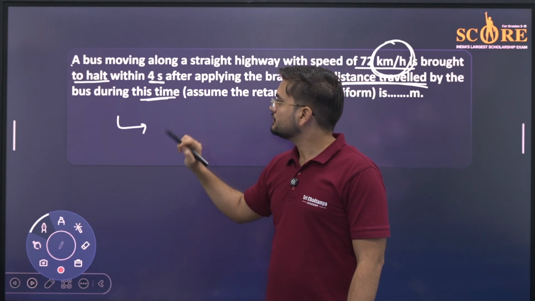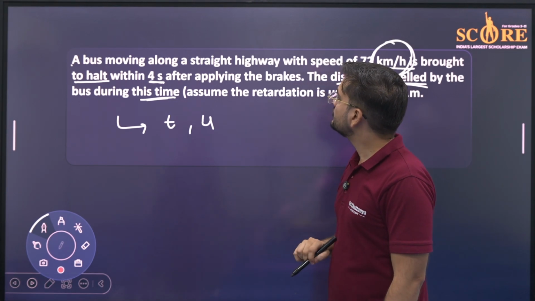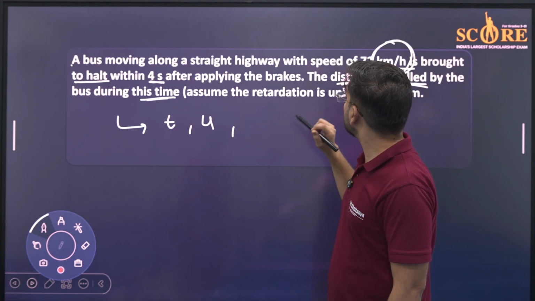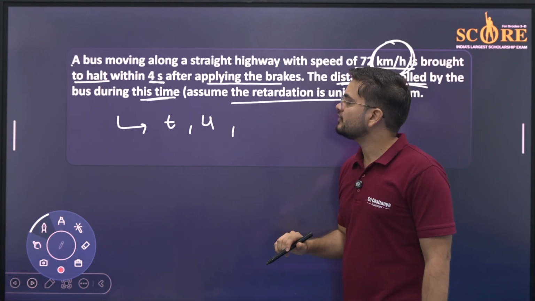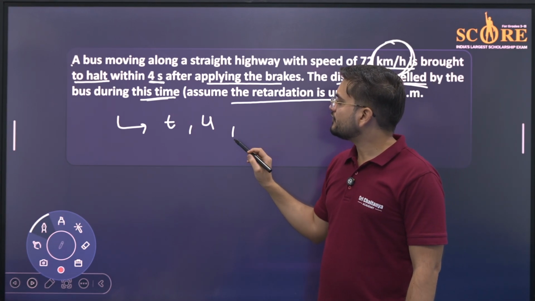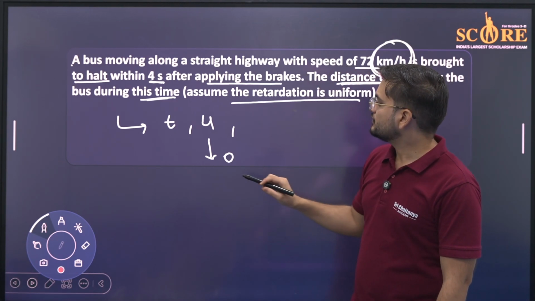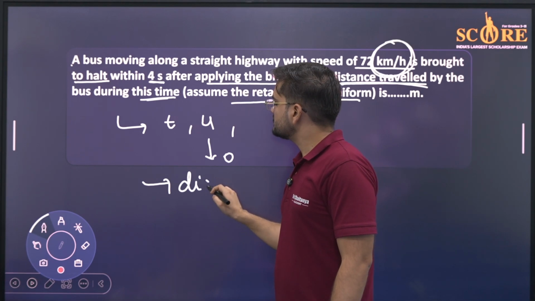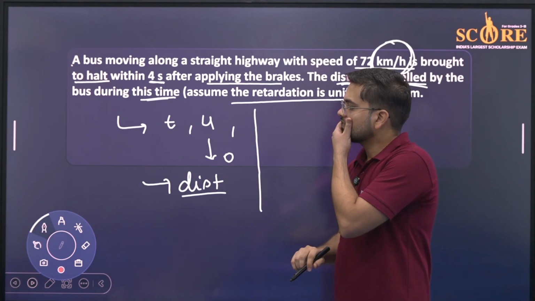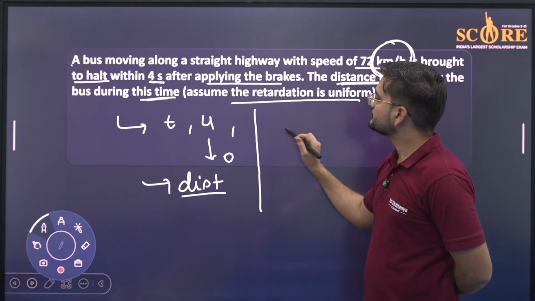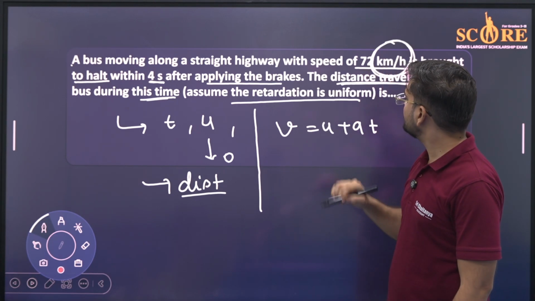If we apply the formula, what will be the formula? What data is given? Time, speed, uniform brakes or uniform acceleration, retardation is uniform, and the final speed is 0, and distance traveled is asked. So we will use v is equal to u plus at.